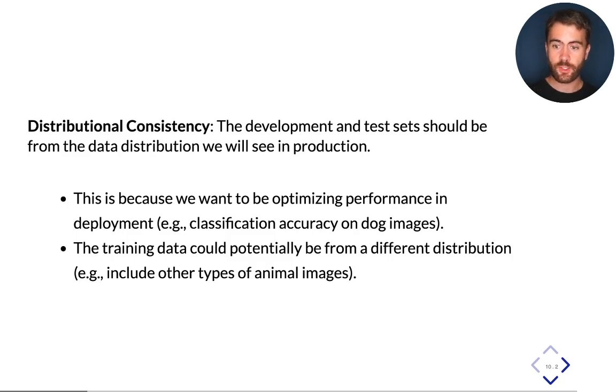The training data often also comes from the same distribution, but it is not strictly necessary. For example, we could try to augment our data with additional images of other animals during training, which is a form of data augmentation, and we could augment this data with additional inputs at training in order to try to improve our performance.